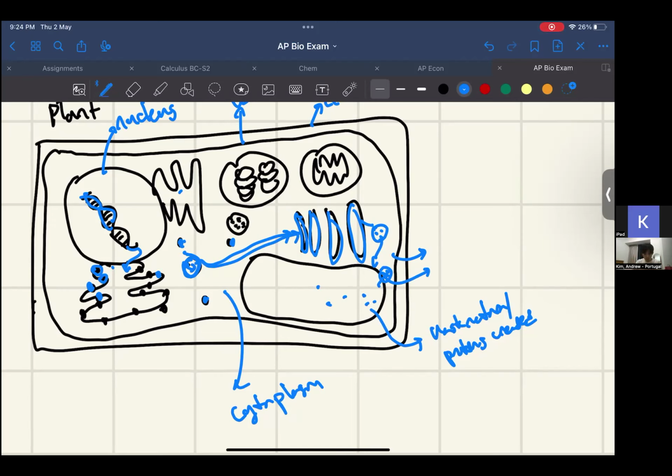And once the protein is modified, it's again going to transfer through vesicle to vacuole, where it will rest for a little bit until it can finally be sent out of the cell through, once again, vesicle. Okay, so this is the whole process. This is the whole mechanism, okay? Mechanism.